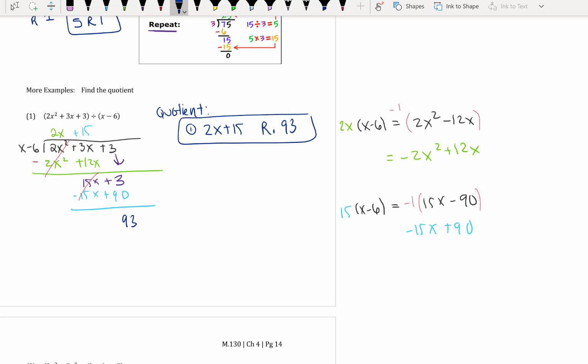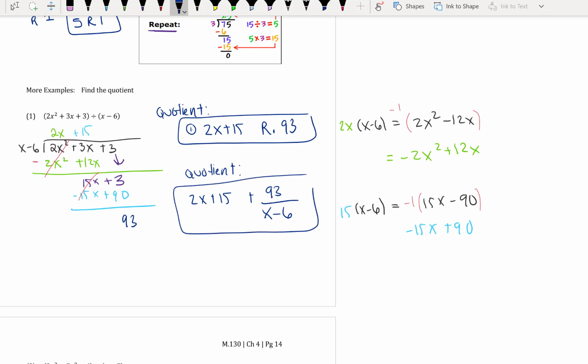Or I could have said that this is the quotient as 2x plus 15 plus 93 divided over x minus 6. The way these are written represent the same answer. It means that when you divided everything by x minus 6, your remainder was 93.